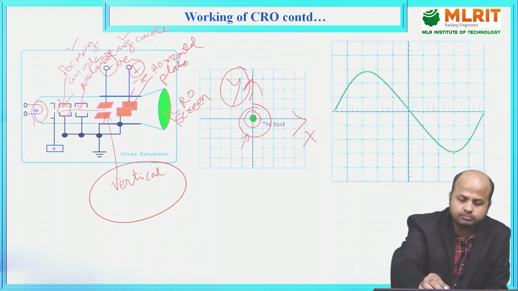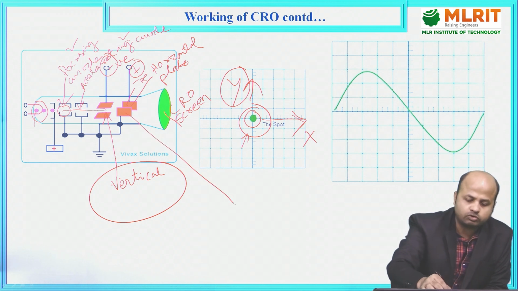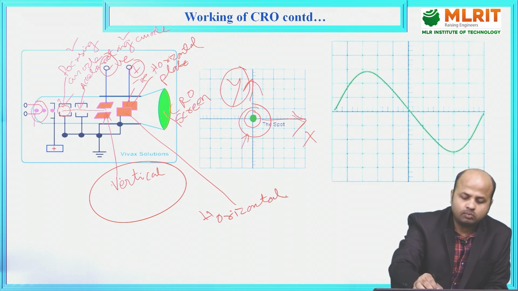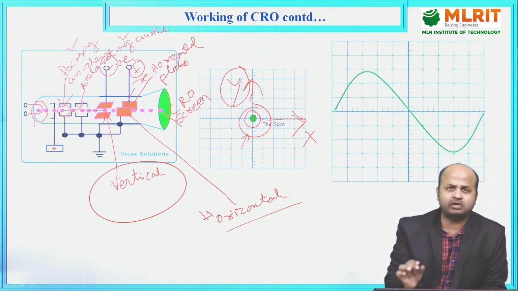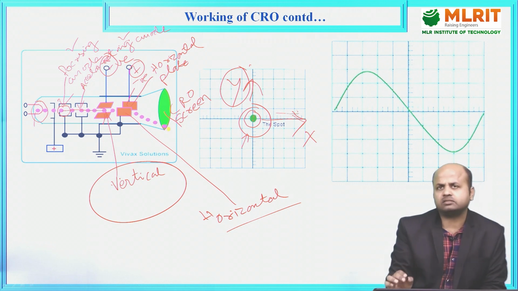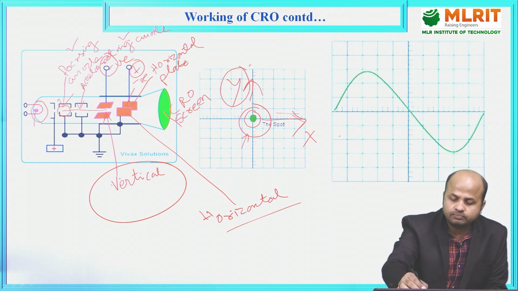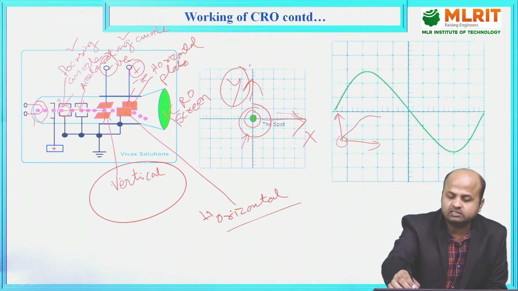And how to move this electron beam towards the x-axis? By means of the horizontal plate voltage. Okay. So by controlling the horizontal and vertical plate voltage, we can move this electron beam either towards the y-axis or x-axis. Okay, when this electron beam moves towards the x-axis and y-axis, we get a structure like this waveform.